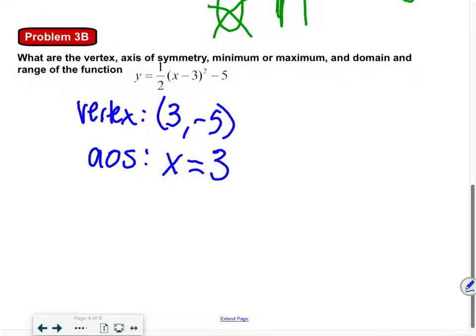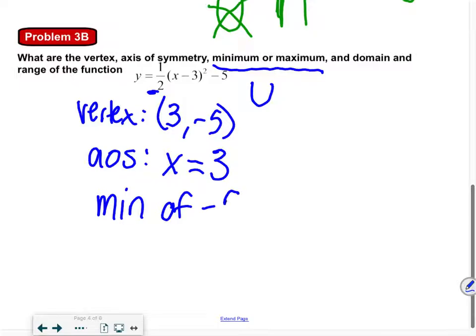Good. To figure out min or max, I look out front. My sign is positive, right? Since it's positive, that means I open up. So do I have a min or max? Minimum. A minimum of what? What's my lowest value? -5.